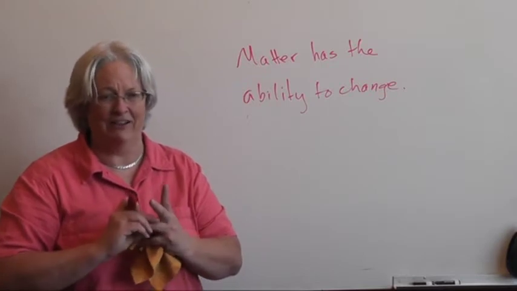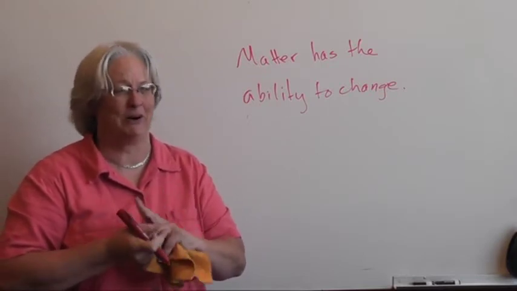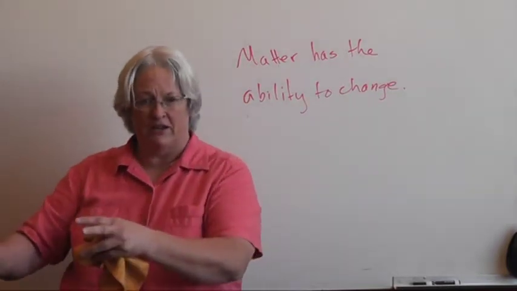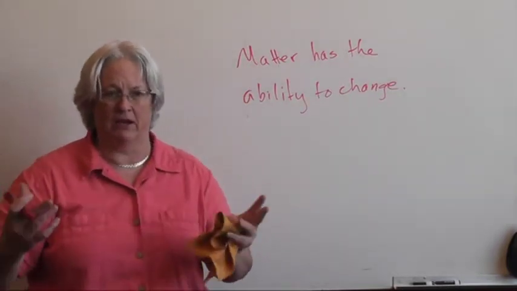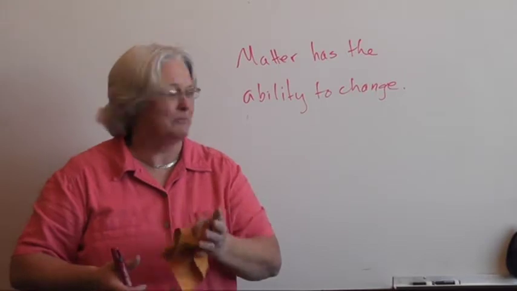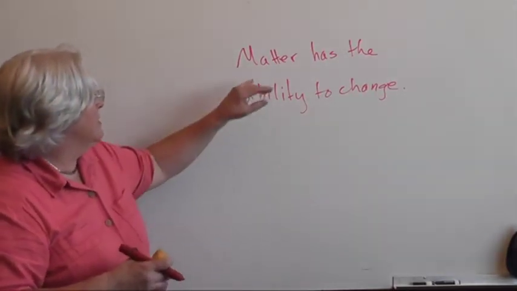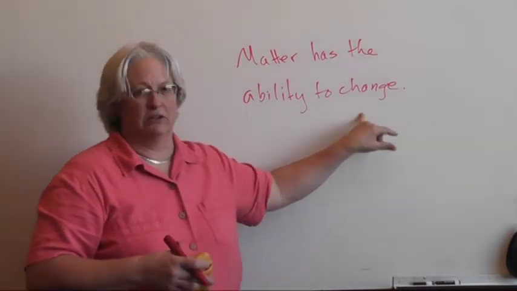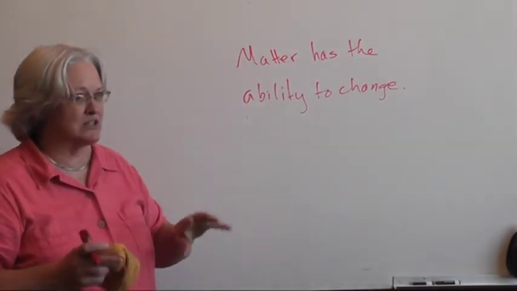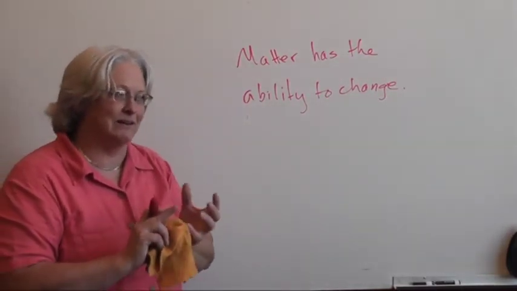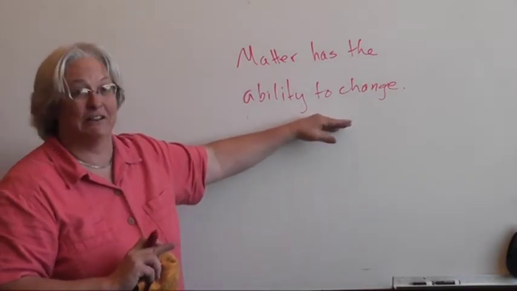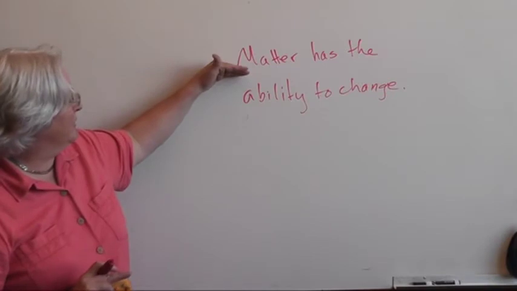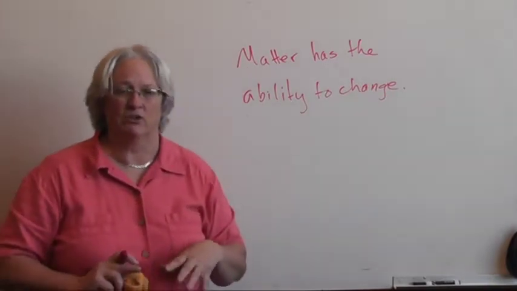The dog changed into the professor, or the professor into the dog. The matter, which was the professor, changed into the dog. Now, of course, that's not a legitimate change, but it's an example of matter having the ability to change.